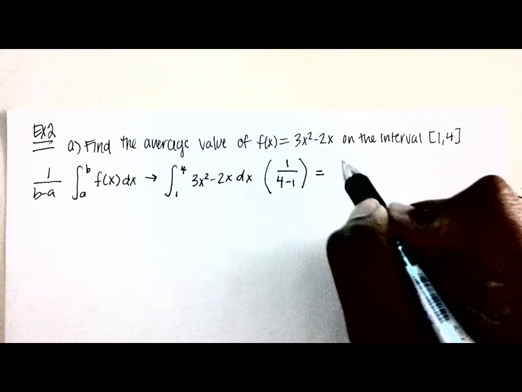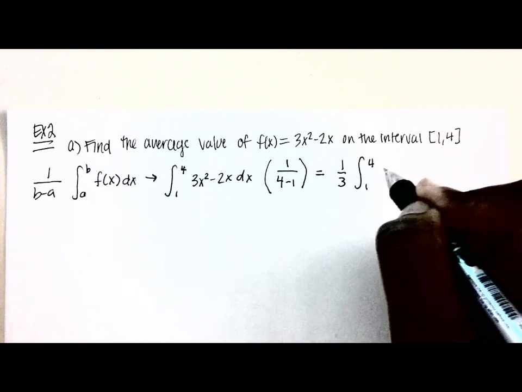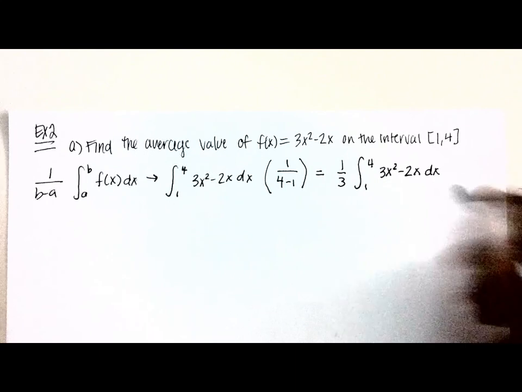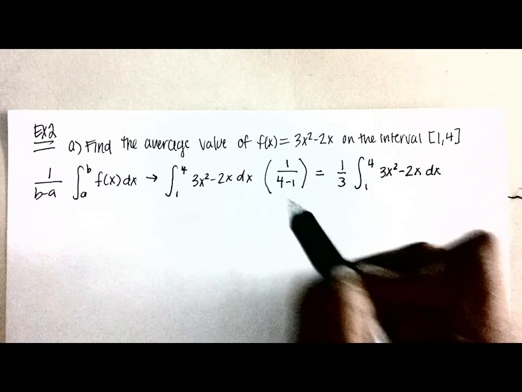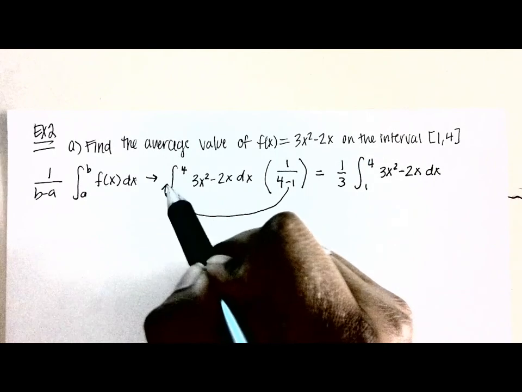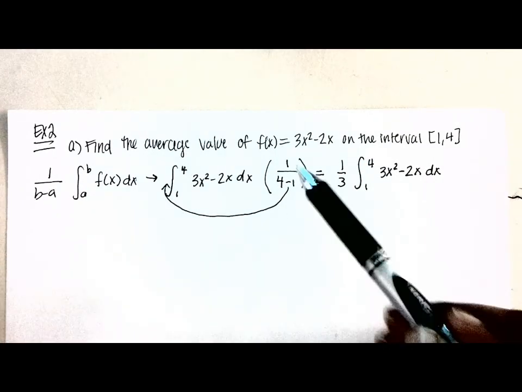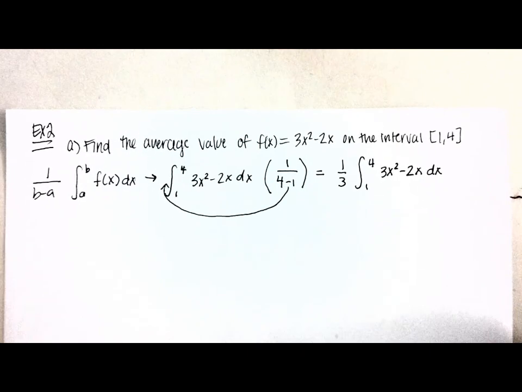That's going to be 1/3 times the integral from 1 to 4 of 3x squared minus 2x dx. So 1 over 4 minus 1 is 1/3, right? Okay, so here we go.